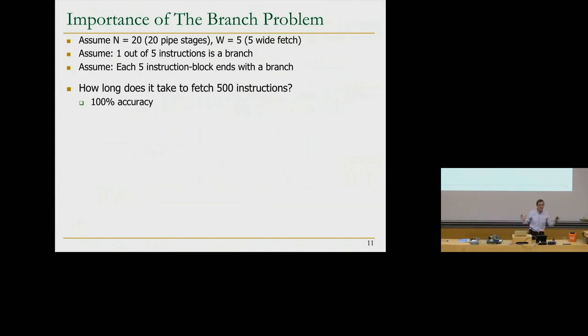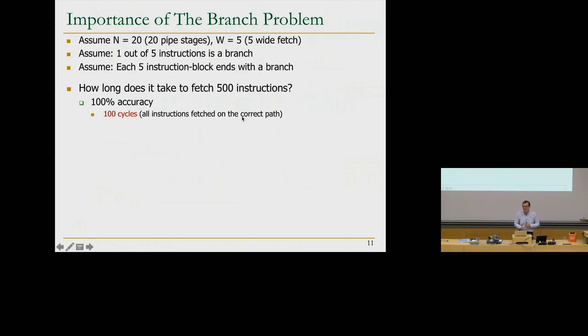If you predict all of the branches correctly, meaning you know what's the next 5 instruction block you're going to fetch, you're fetching 500 instructions in total, and every cycle you're fetching 5 of them, which means you finish everything in 100 cycles, right?